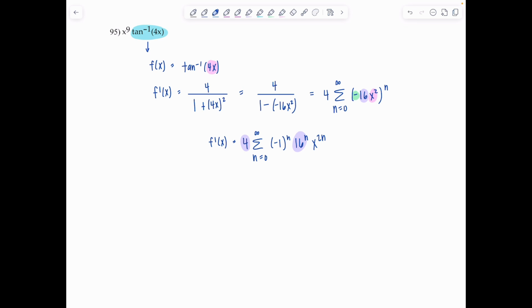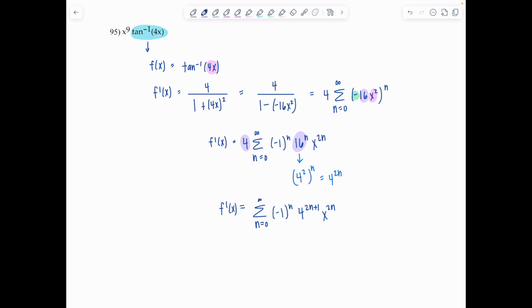You might think that's a little peculiar, but remember, 16 I can write as 4 squared to the n. So this is the same as 4 to the 2n. And then if I bring this 4 inside, then I'll have 4 to the 2n plus 1. So that's perfect. We have the sum, n equals 0 to infinity, negative 1 to the n, 4 to the 2n plus 1, x to the 2n. And this is the power series for f prime of x.